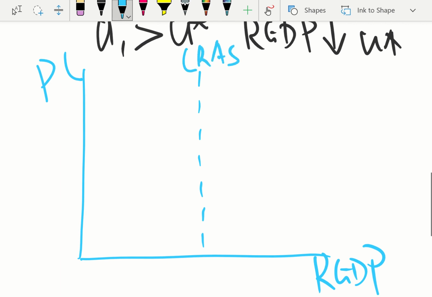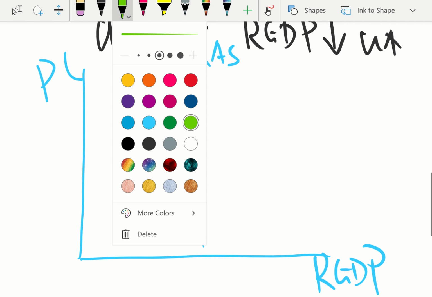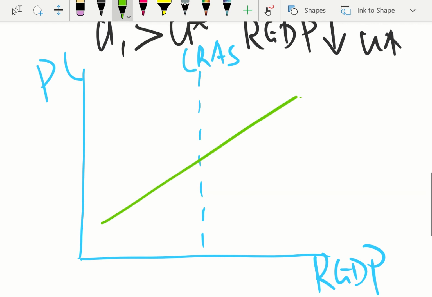All right, so let's draw our short run aggregate supply curve. Again, we start from the intersection over here in the middle. So right now the economy is at this equilibrium, and then let's say next week something happens, that we have expansion, and we're going to be at this point.